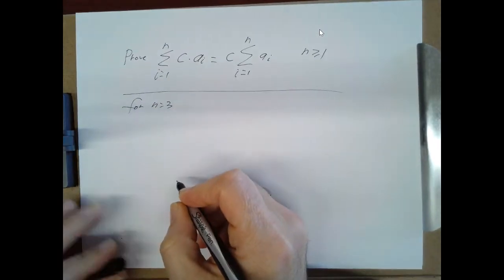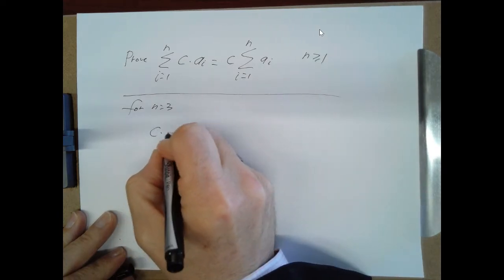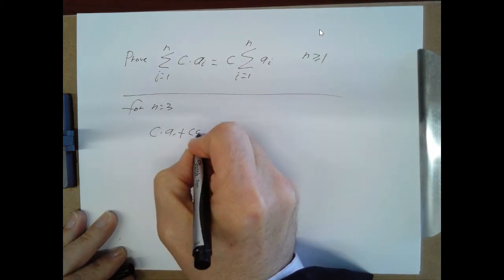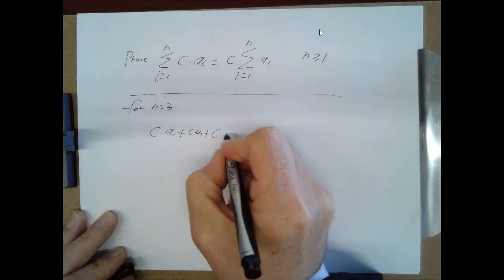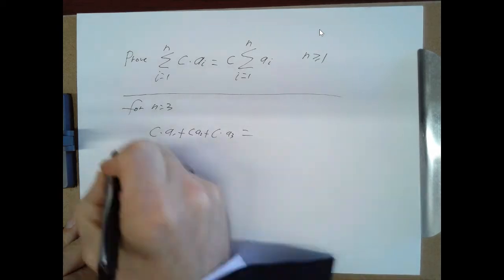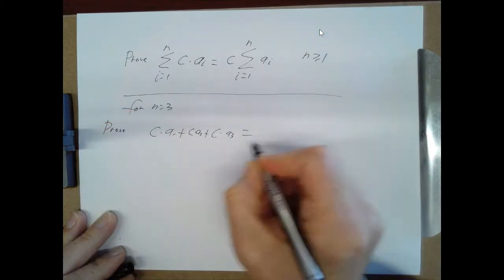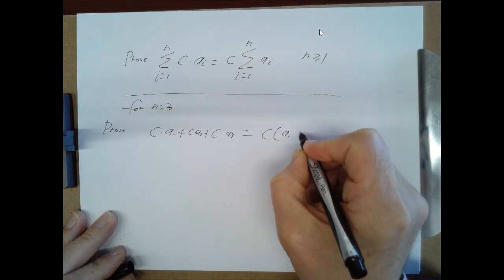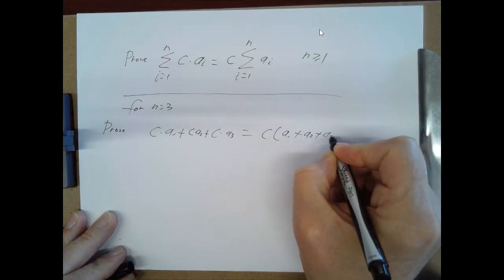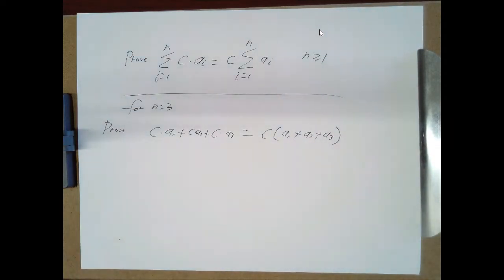This is saying c times a1 plus c times a2 plus c times a3, what we're asked to prove, equals c times (a1 plus a2 plus a3), right? That's what we're asked to prove for n equals 3. And that's clearly true, right? Because we know we can factor a c out of that left-hand expression, and we get the right-hand expression.